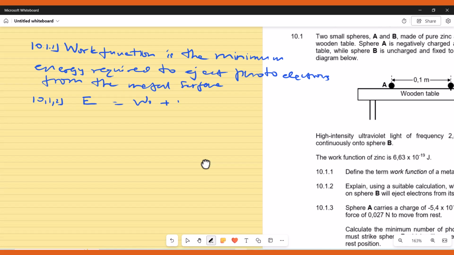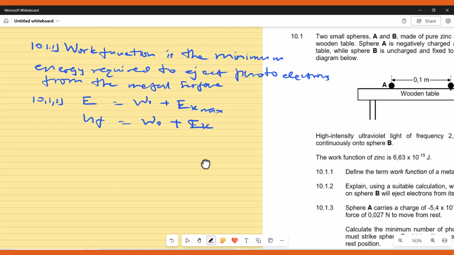EK. This is EK maximum. Now let us find this energy E, given by hf, and compare it with our work function. They gave us the work function.